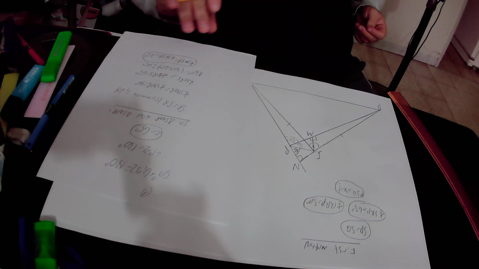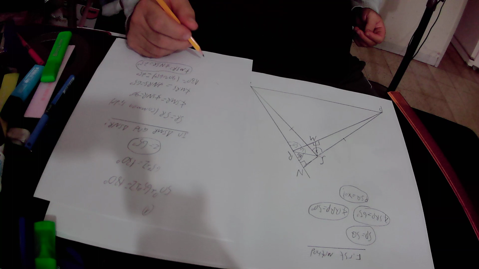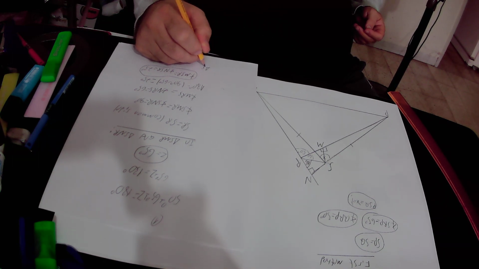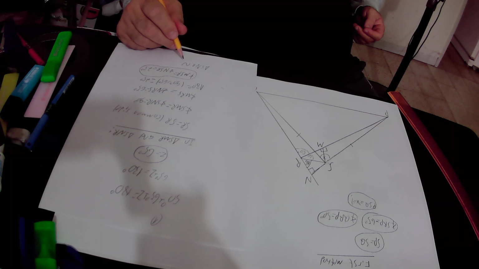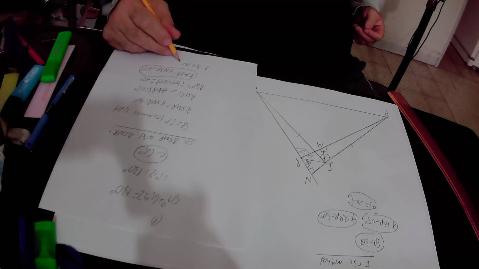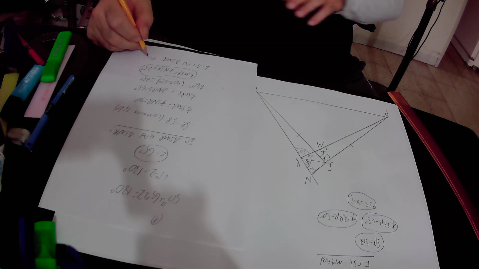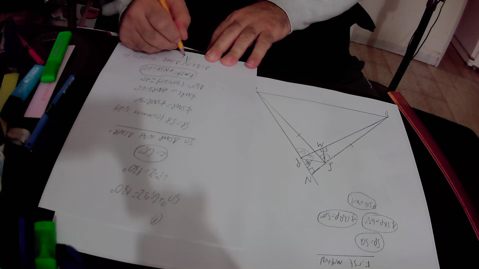So we proved that triangle SNR is congruent to triangle SMR, according to the angle side angle rule.